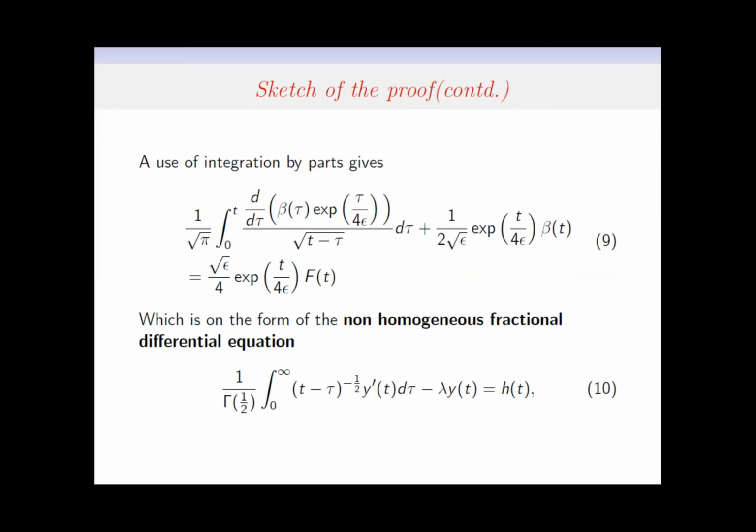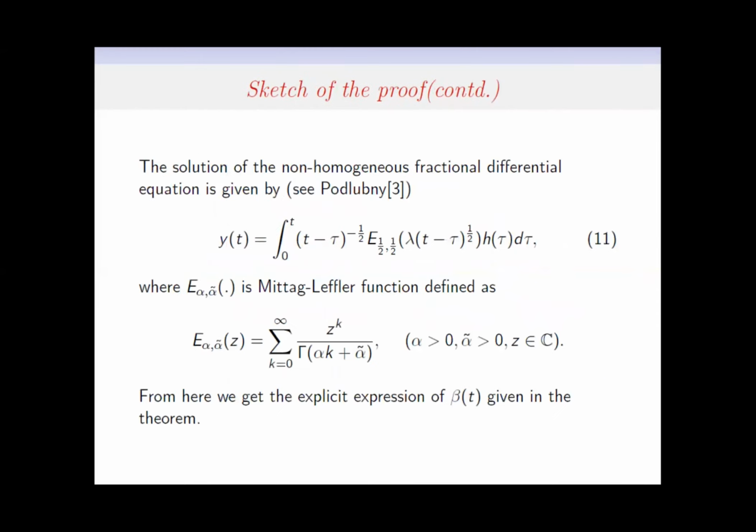Now we have a ready formula in equation 10, which gives the boundary function, and that involves the Mittag-Leffler function, which is of the form the summation of z^k over Γ(αk + 1), the series, where Γ is the usual gamma function. From here we get an explicit form of β(t).